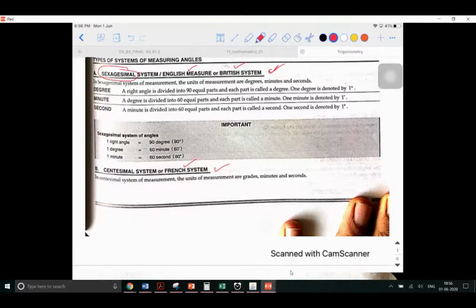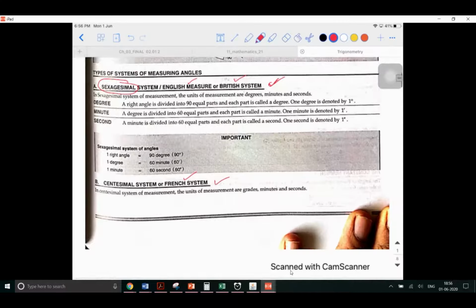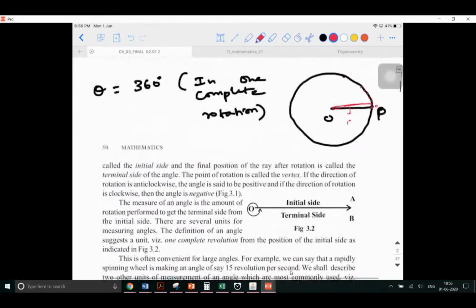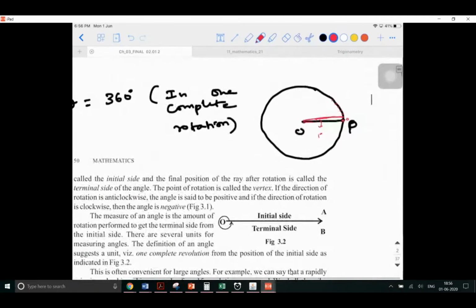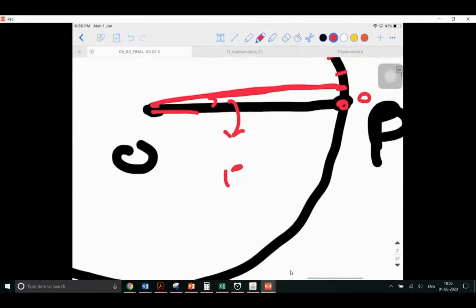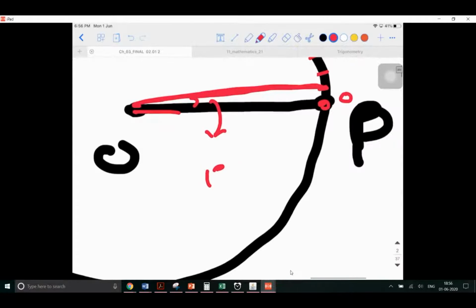Okay. So what happens here is, we understood what is degree. So degree is 1 by 360th of a rotation. So I hope that point is clear. Right. So for the sake of understanding, I will zoom it even more. Since you're able to see here, if I place a protractor, I'm making my marker thin.